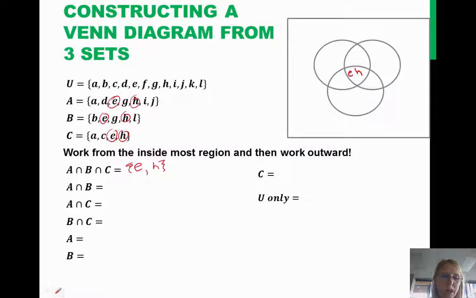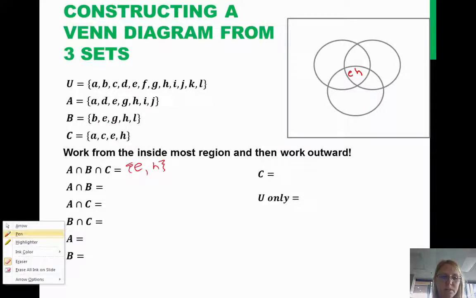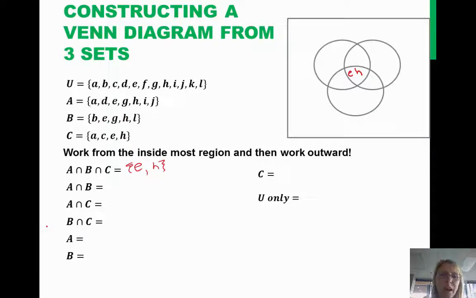We want to do the same thing with A union B. So before I do that, I'm going to erase my markings here. A union B, what do they have in common? Well, A, B, C, D, but none of those are in common, but they do have an E, a G, and H in common.